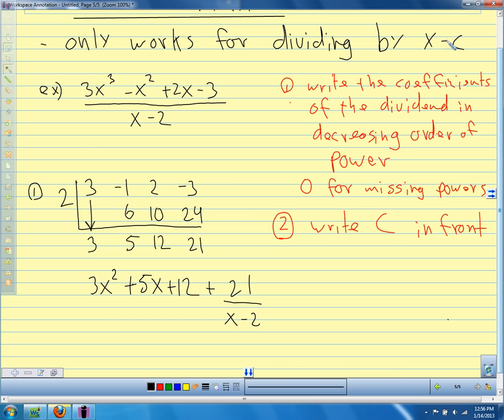You can't use synthetic division on anything other than something in the form x minus c. You could use long division on that problem, yes.